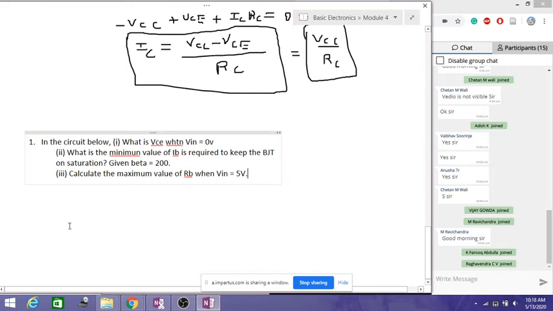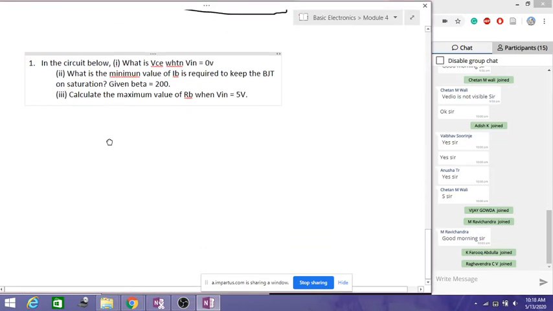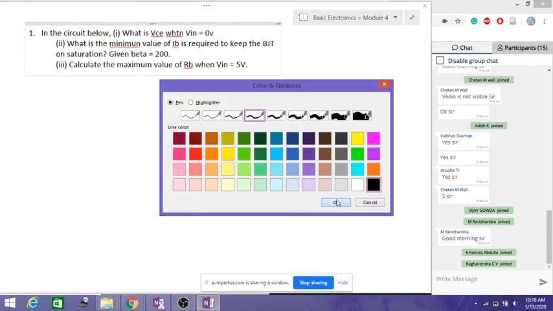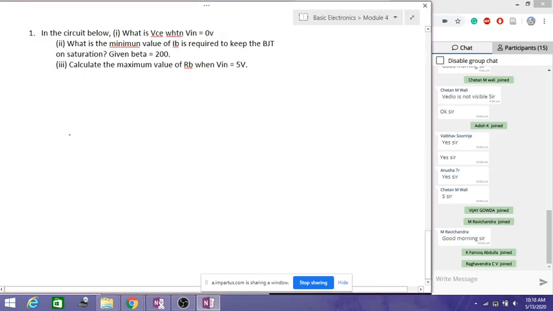So this is the given question here, and the circuit is, let me draw the circuit which is given here.